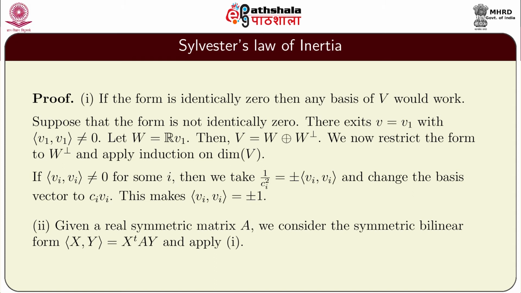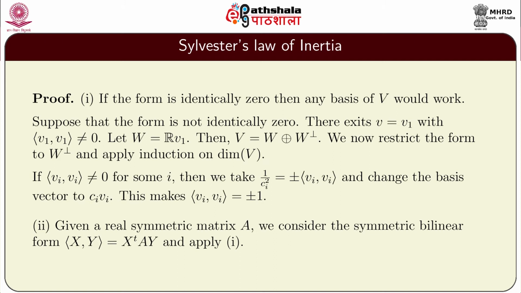Then we know that V can be written as the direct sum of W and W perp. We now restrict the form to W perp and apply induction on the dimension of V. Well, W perp is a subspace of V and its dimension is strictly less than the dimension of V, and therefore the induction applies.